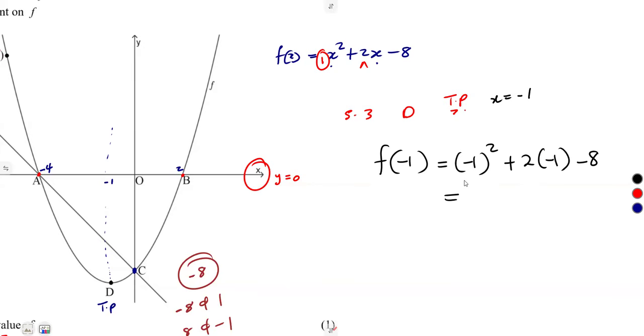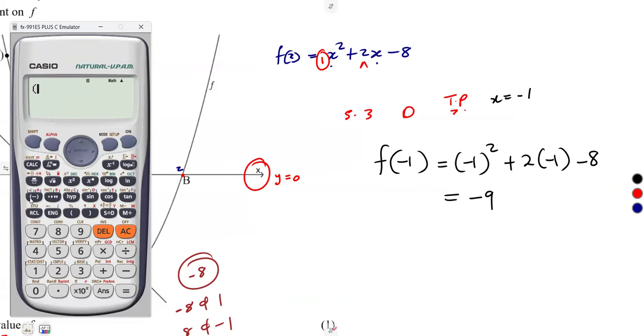Simplifying this gives us negative 9. That is the value of y at the turning point.